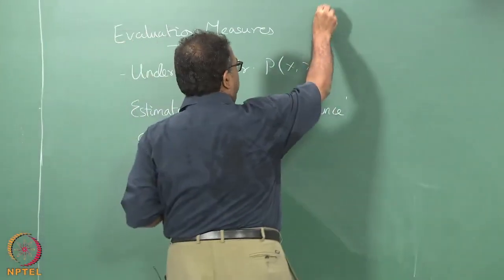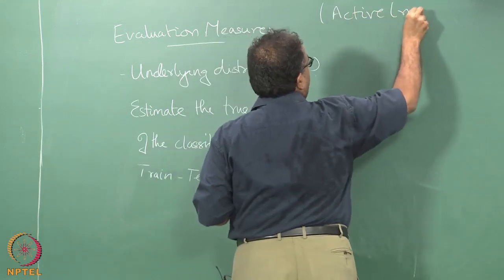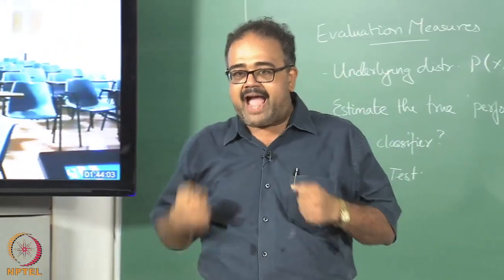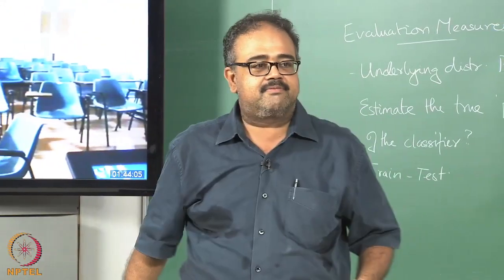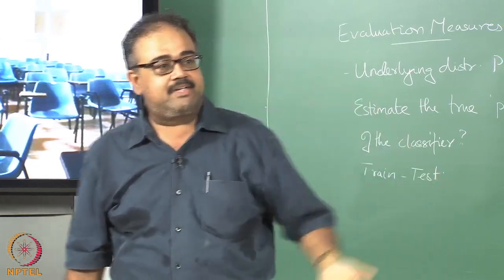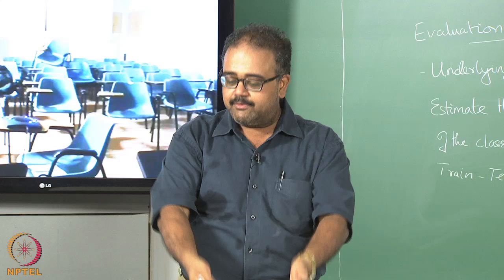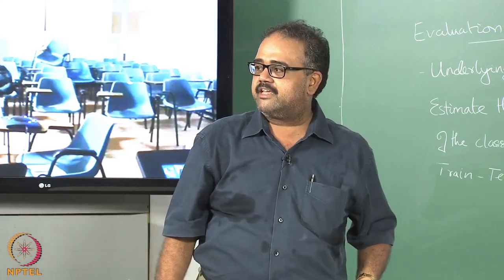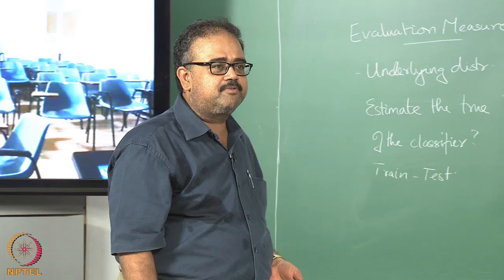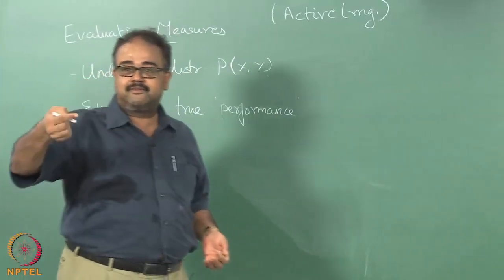One popular name is active learning, because I am actively asking you for samples. I am not passively learning from the samples that were given to me. The learning algorithm comes back and says, I want to know more about this part of the state space, give me some samples from there. So these are called active learning methods. So your question is valid.